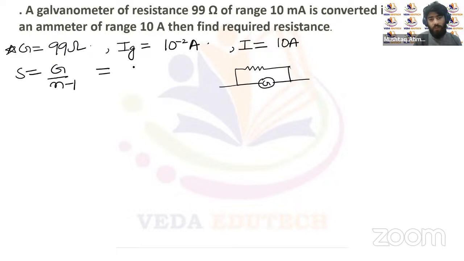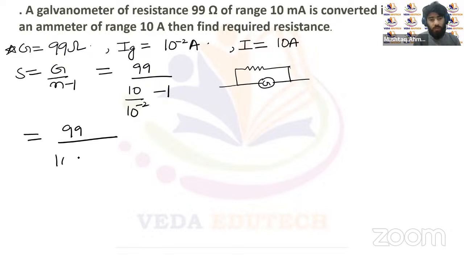The value of G is 99 here. And N is the ratio of the range of ammeter current and the range of galvanometer current, that's 10 upon 10 to the power minus 2, minus 1. So it will be 99 upon 10 to the power 3 minus 1.